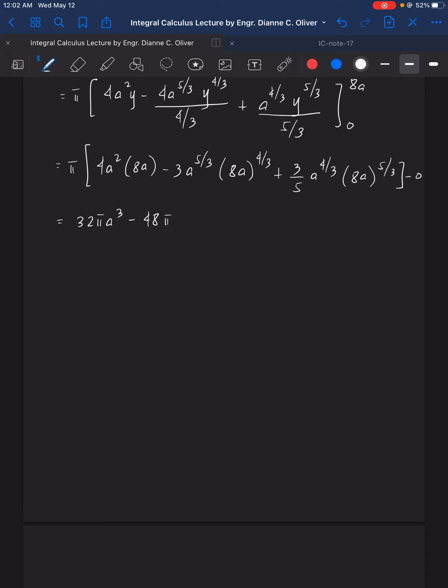So what will happen here is 4, so 9. So this becomes a raised to 3 plus, what is 5/3 of 8.